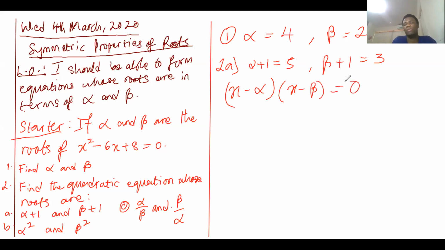Now, Rita, hear me. This method is acceptable. However, if you write this, you are referring to this same alpha and beta. Does that make sense? Because for this question, alpha and beta are not the roots. Alpha and beta are the roots of this. So what you could do is use alpha 1, beta 1, so we know you are referring to root 1 and root 2.